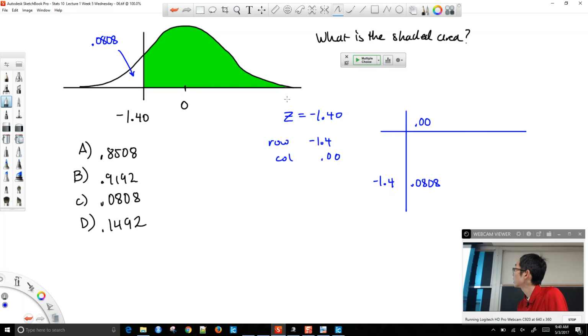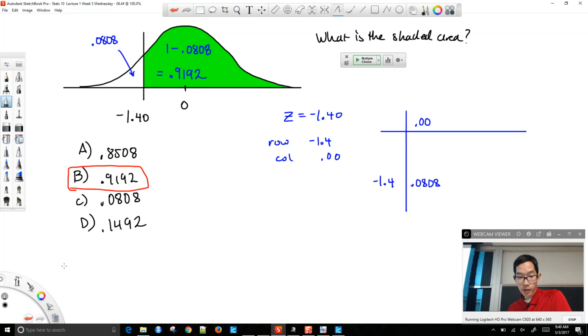However, the shaded area is the opposite of that, so it is 1 minus 0.0808, which is equal to 0.9192. So our shaded region is 0.9192.